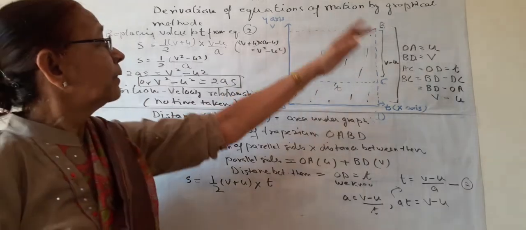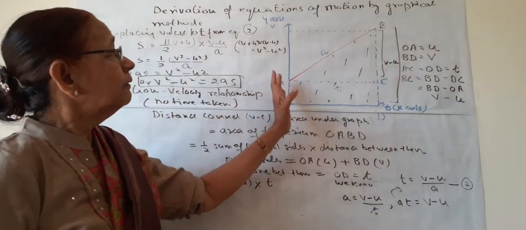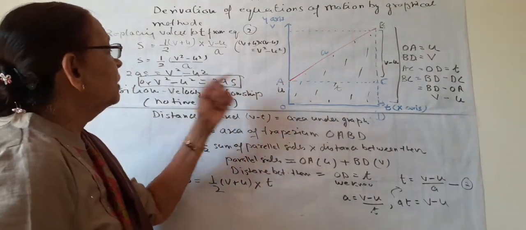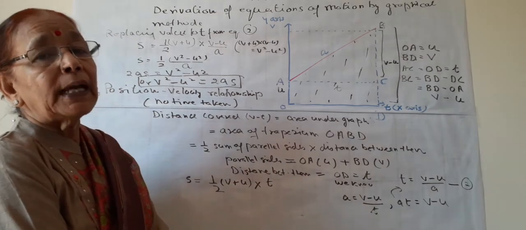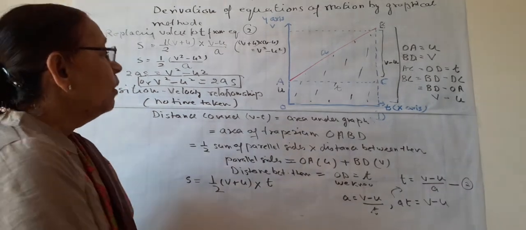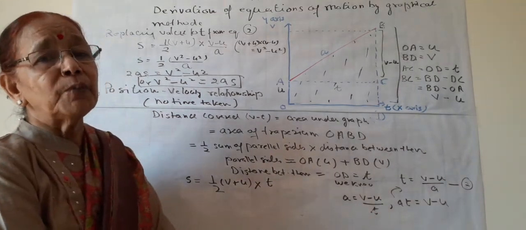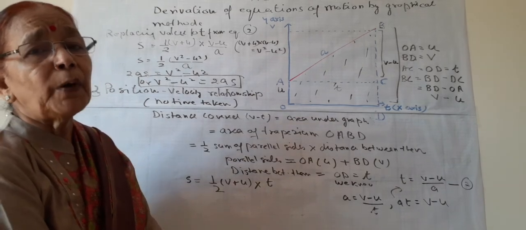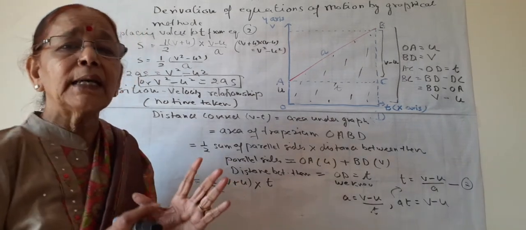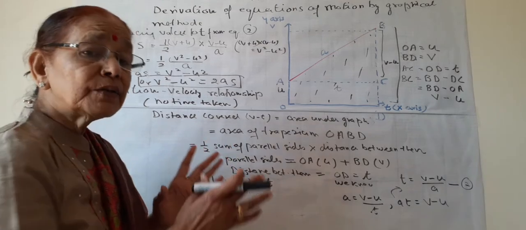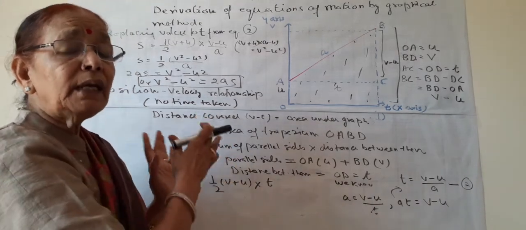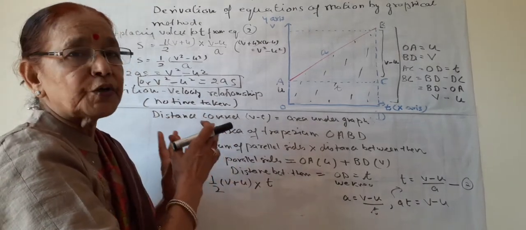In this way, by this VT graph, this equation is also derived graphically. All three equations of motion are very important, and all the numericals in the exam are asked based on these three equations.